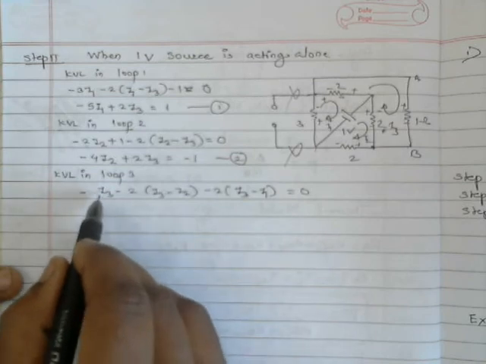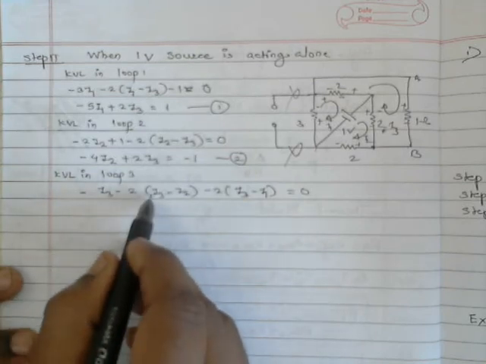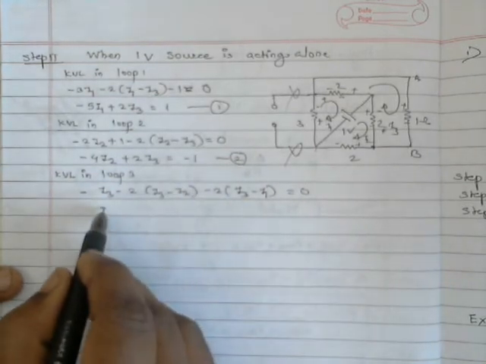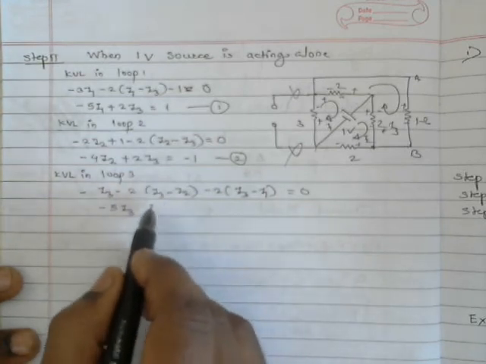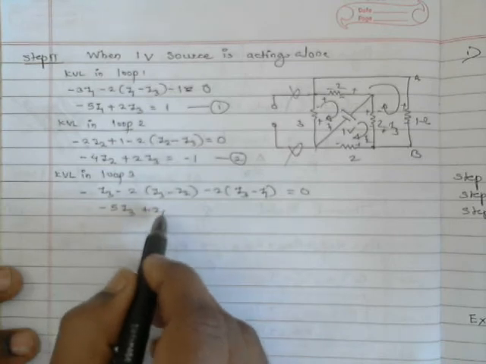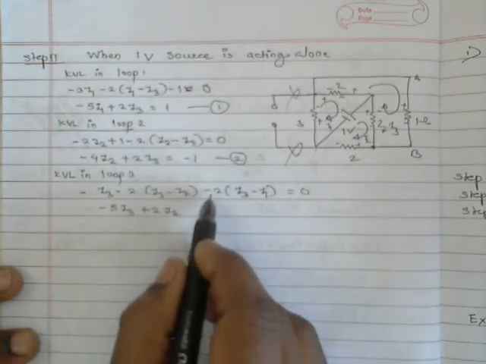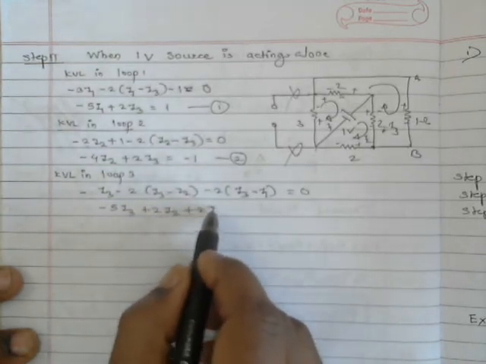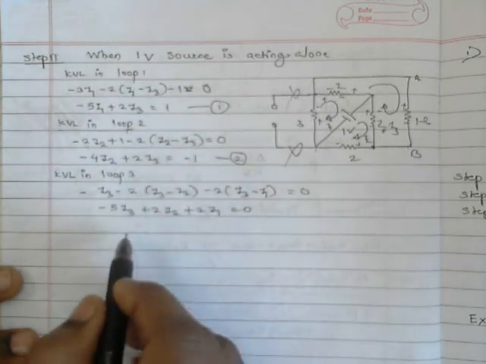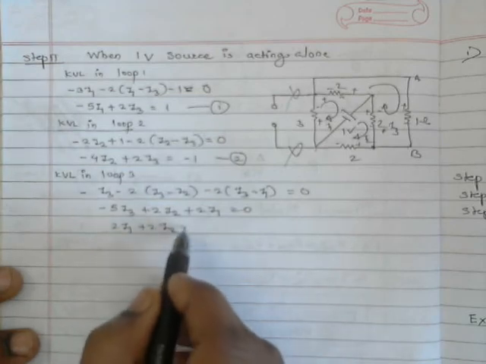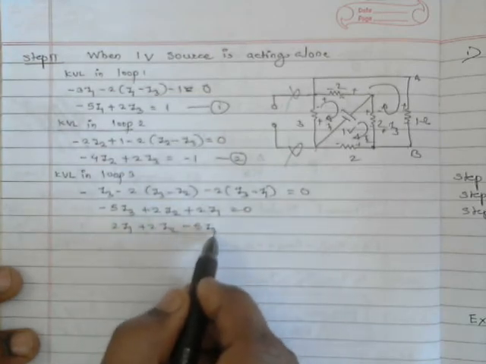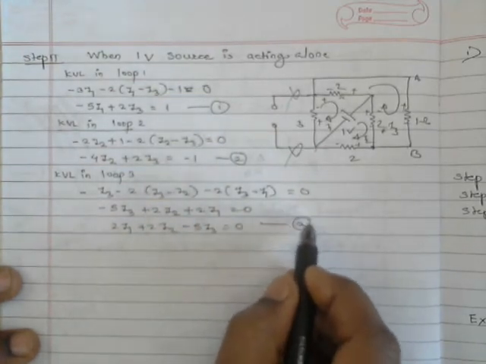So it becomes minus 5 I3 plus 2 I2 plus 2 I1 equal to 0. So 2 I1 plus 2 I2 minus 5 I3 equal to 0. This is the third equation.